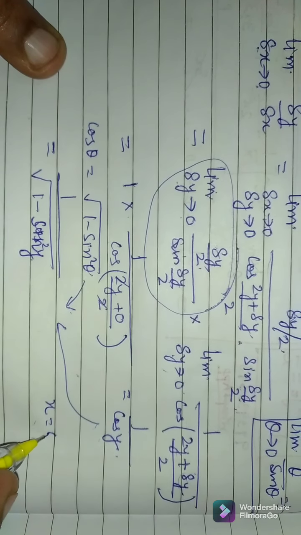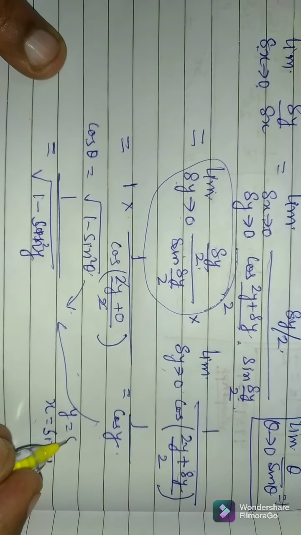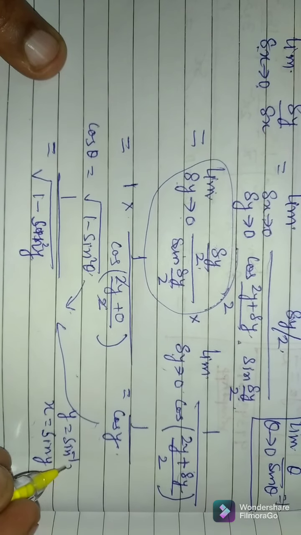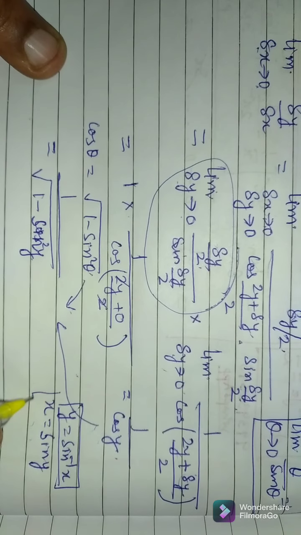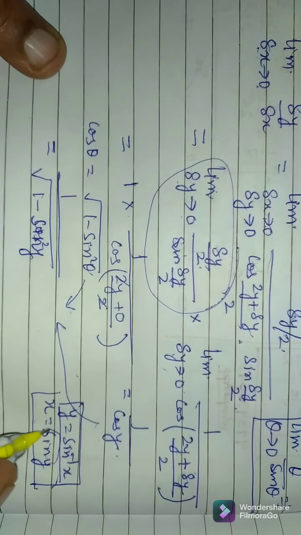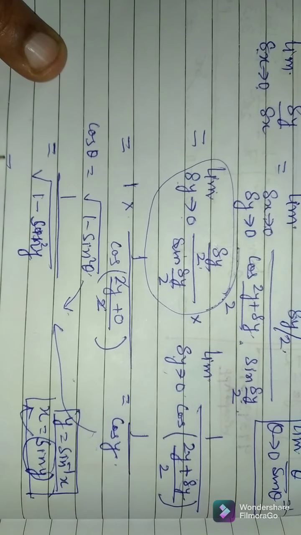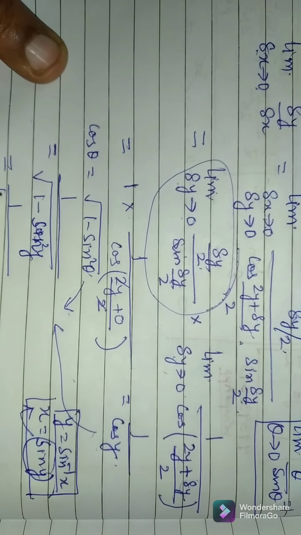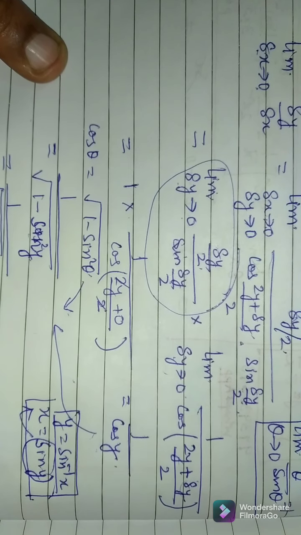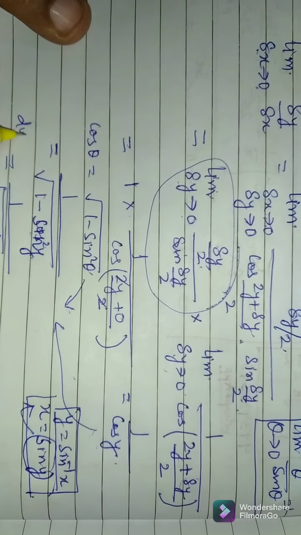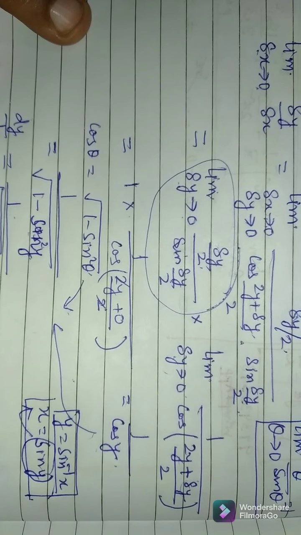In the beginning of the question, x is equal to sine y, because y is equal to sine inverse x, because we have to find the differential coefficient of sine inverse x. So x is equal to sine y. So in place of sine y we can write x. So here I am writing 1 upon root under 1 minus x square. This is sine square y. So therefore dy by dx is equal to 1 upon root under 1 minus x square.